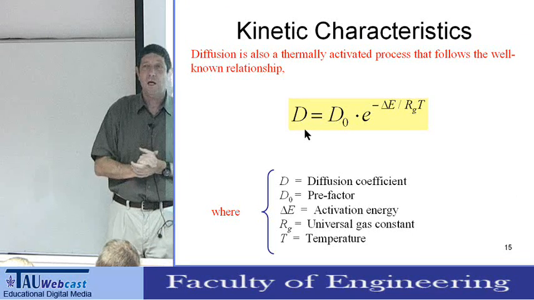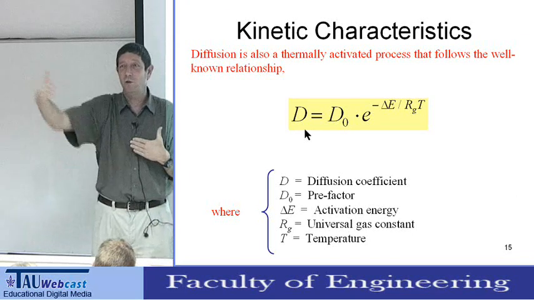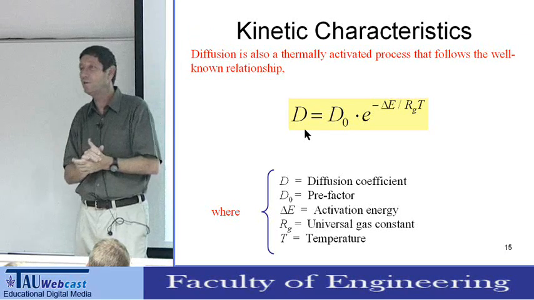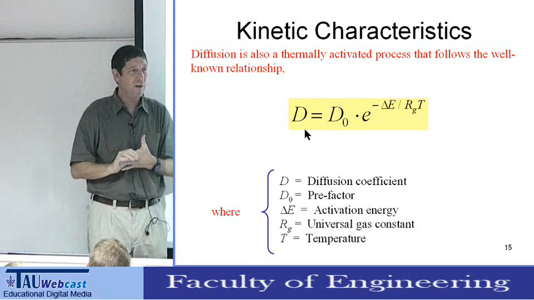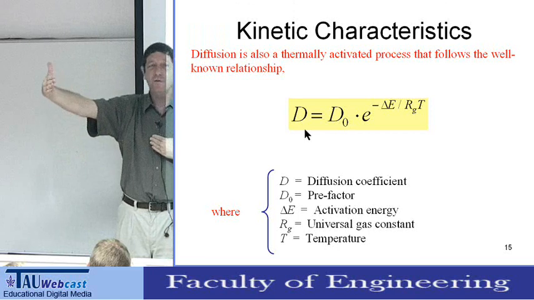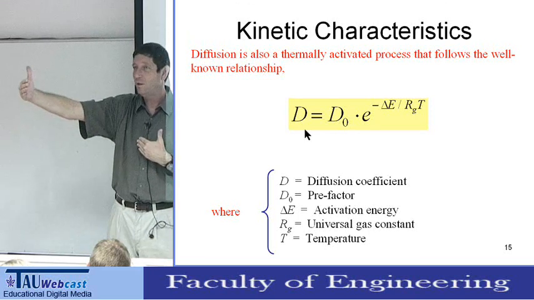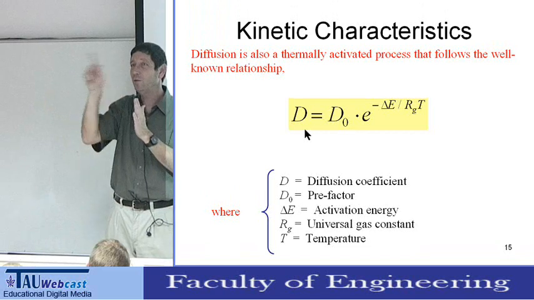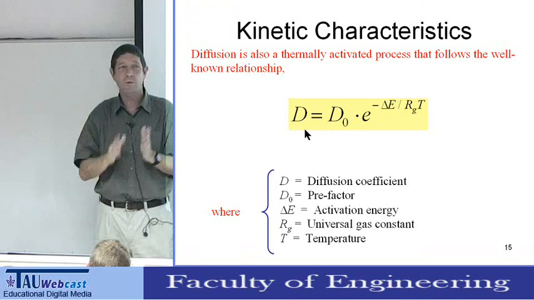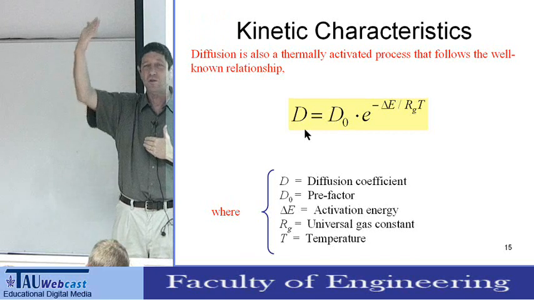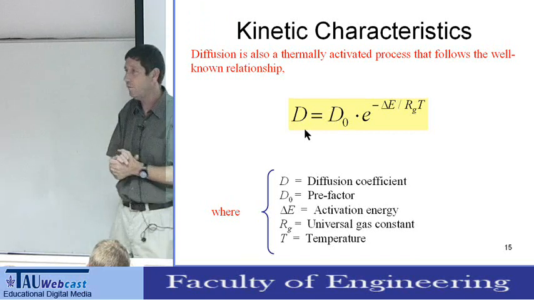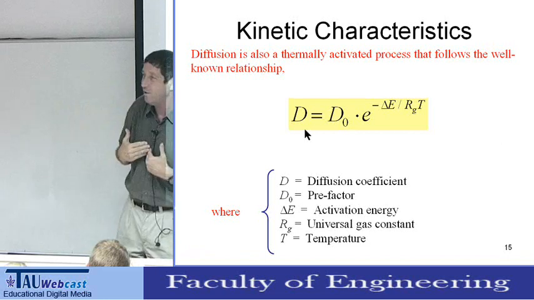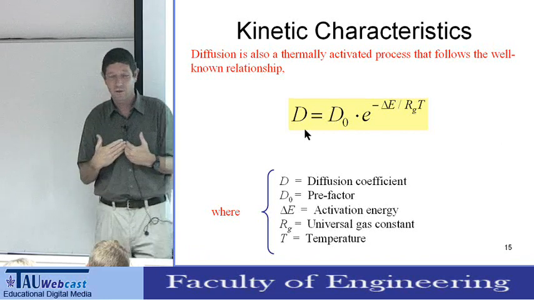You remember from introduction to semiconductor devices that the diffusion length is proportional to what? Square root of time. You remember, diffusion length is the square root of D times time. So the relation between the average distance squared and the time is the diffusion coefficient. This is not only a result, but also one of the definitions of the diffusion coefficient.